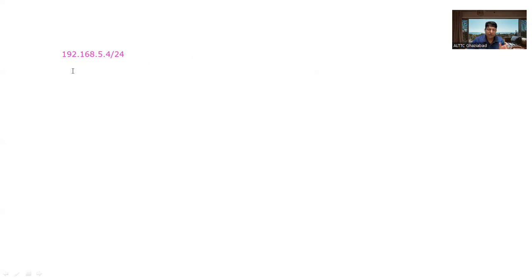But the question about the subnet mask is not defined by category. It is just for the purpose of the subnet mask. In this question, how many bits are fixed? 24 bits are fixed.